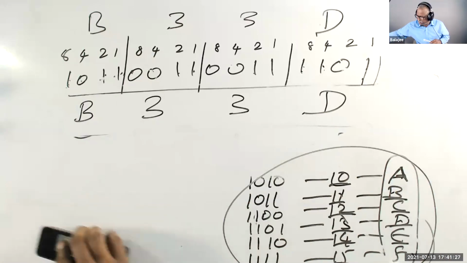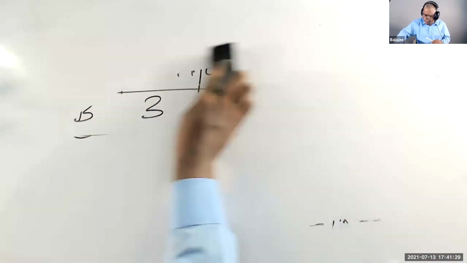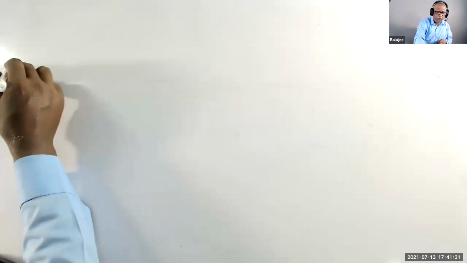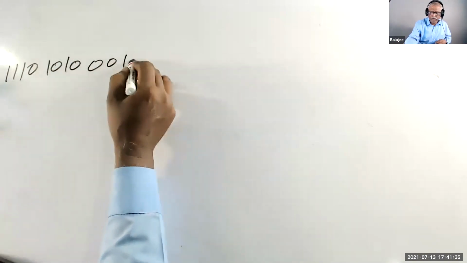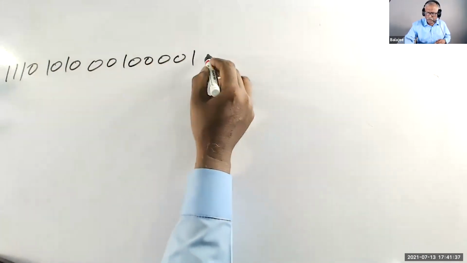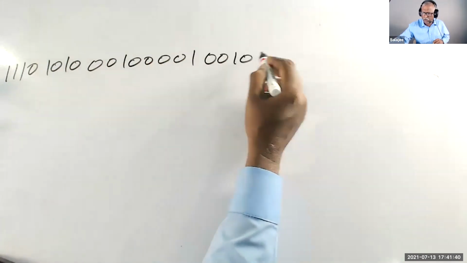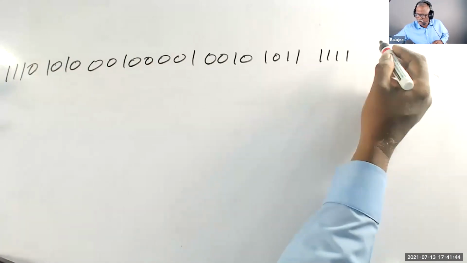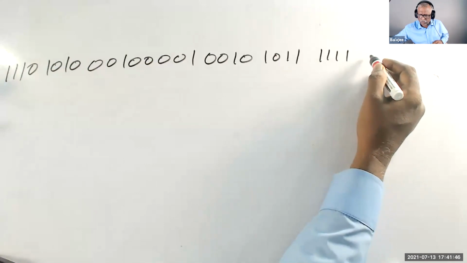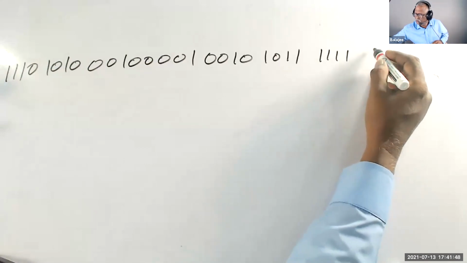Now let us write a number. I write a very big number. See that? 1110, 1010, 0010, 0001, 0010, 1011, 1111, 0011.